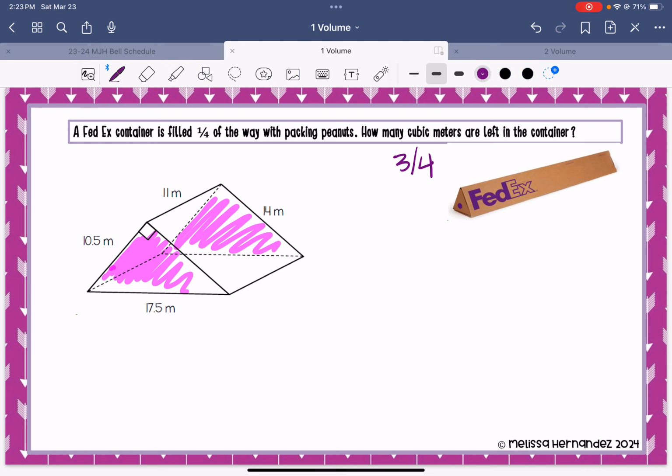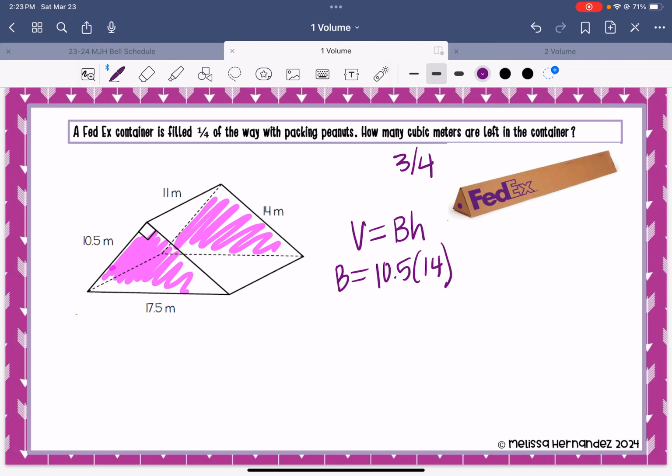The formula for volume of a prism is volume equals area of the base times height. The base and the height is 10.5 and 14. Remember, we don't use the longest side of a right triangle. We don't even mess with that till 8th grade. It's called the hypotenuse. I said it earlier.